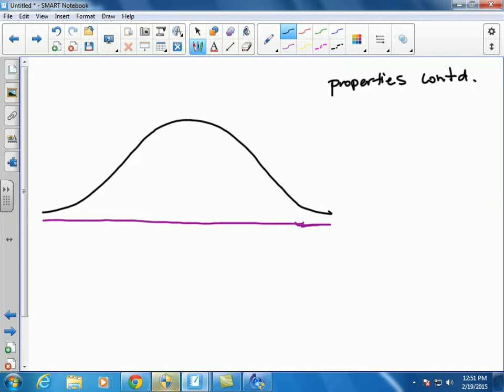The properties I'm going to talk about now are the empirical rule properties. Your book has talked about it before now, but I think it's best to talk about it now. So from the previous slide, the mean is in the middle.